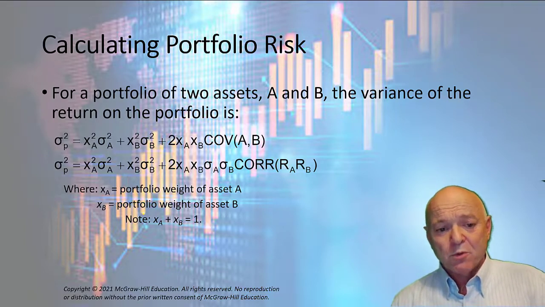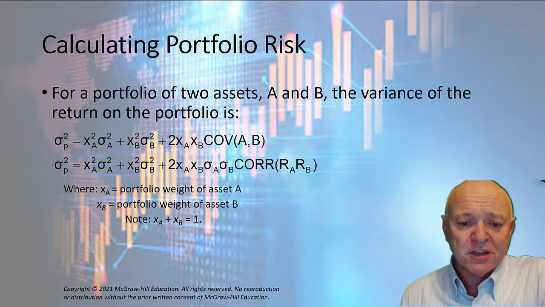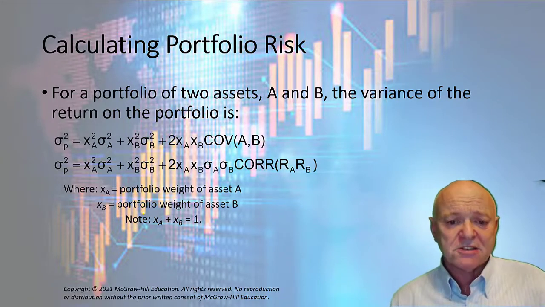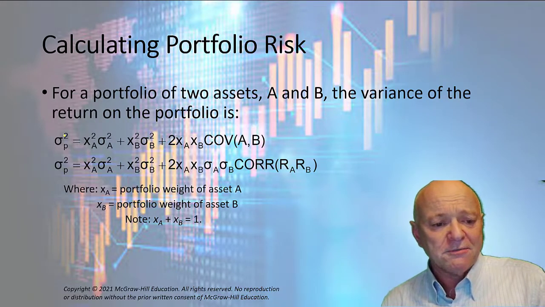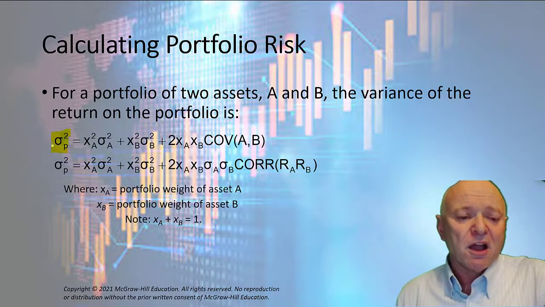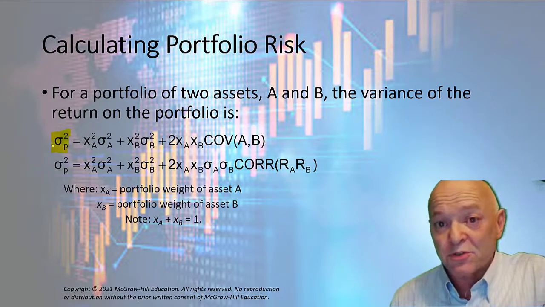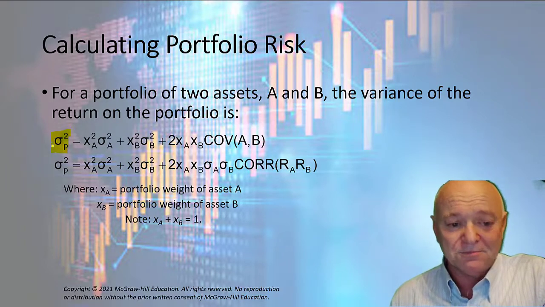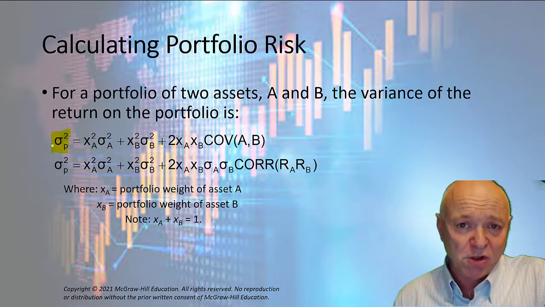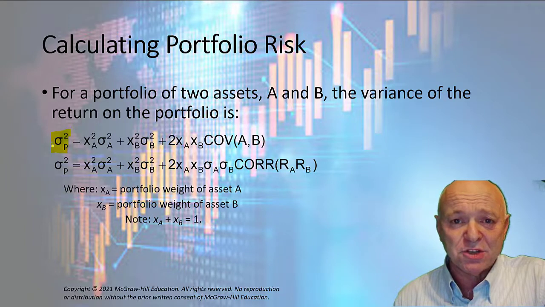And so when we're looking at a calculation that's going to involve these items, essentially we say that the volatility of our portfolio, subscript P represents portfolio, and sigma squared means we're looking at volatility and not the standard deviation.